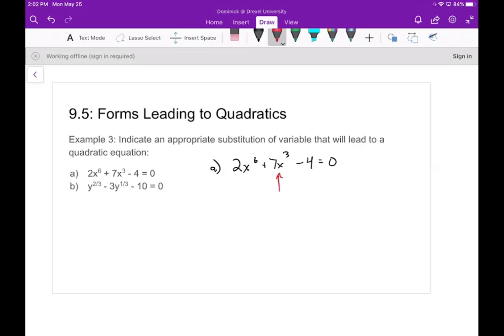So you always need a constant, and then you always need the 2 higher variable terms. Your only chance is that u can be x to the 3rd. Well, what's u squared? u squared is x to the 3rd squared, which is x to the 6th. And that's what we have over here. So u is equal to x to the 3rd is the substitution that we could make.